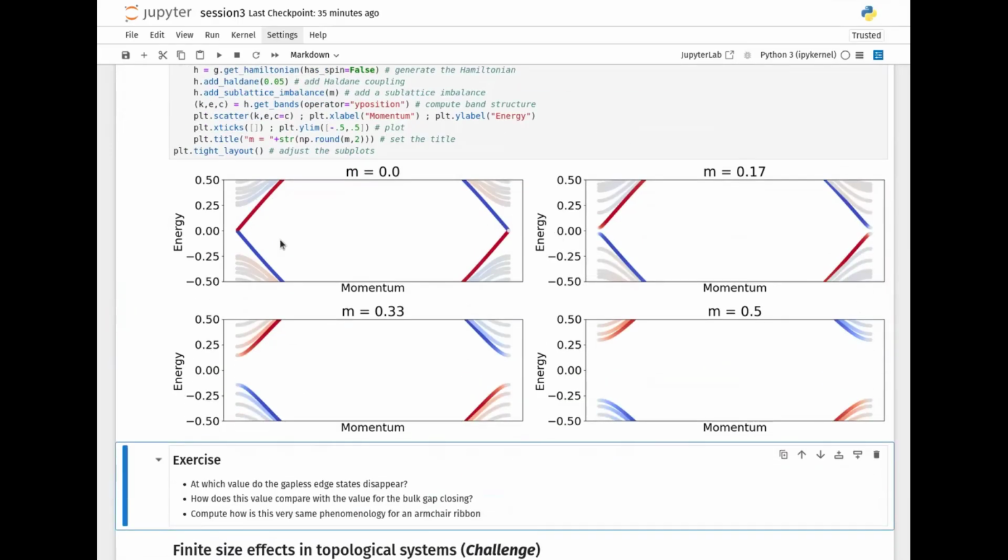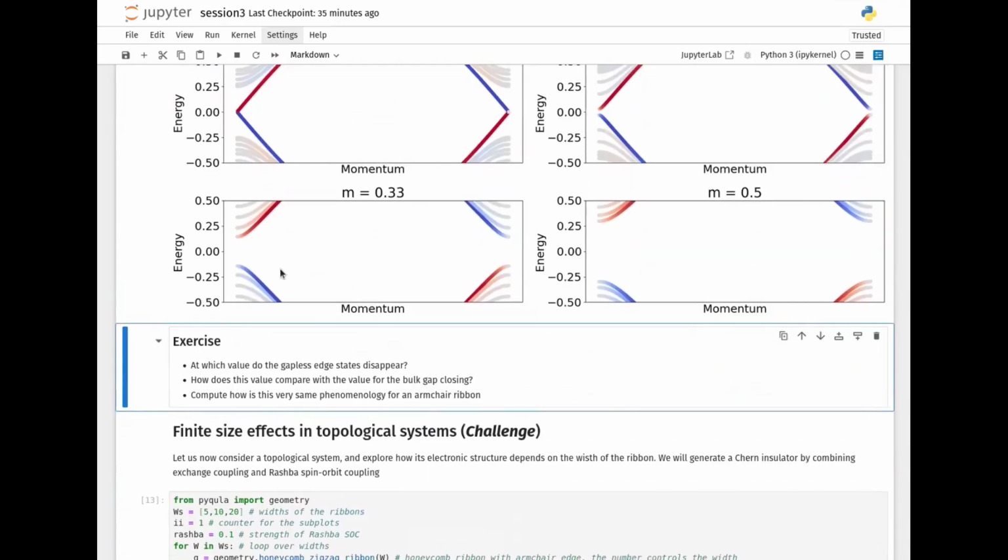But in practice, you see that the edge states will disappear once we have the gap closing. So here you have presence of edge states, and now here the edge states disappear, and you see that after this point, then you have a trivial gap opening. So again, the gap closing happens at some point between 0.17 and 0.33.